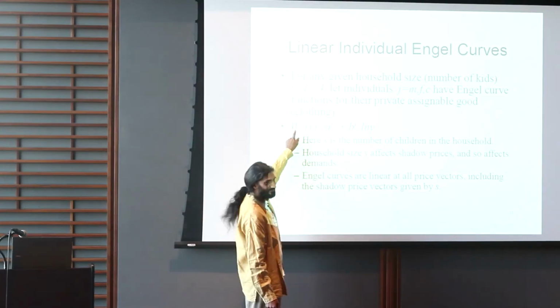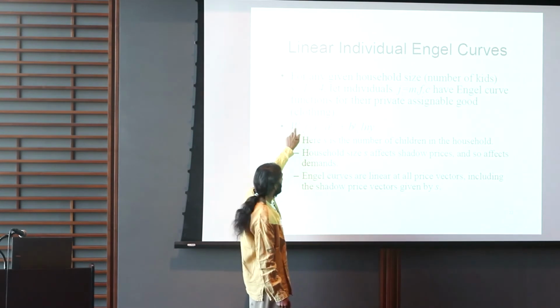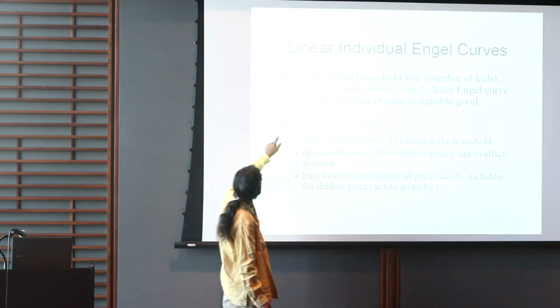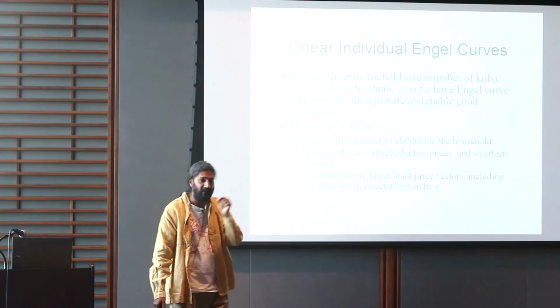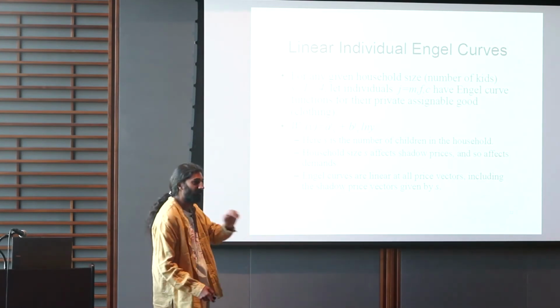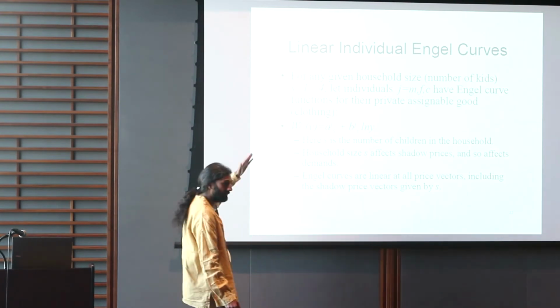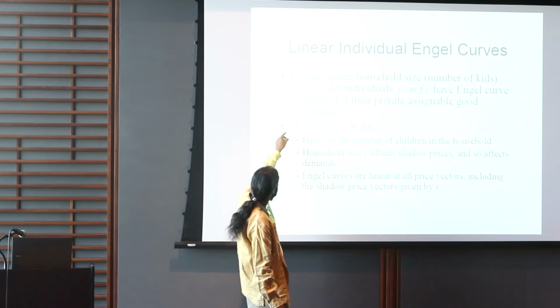So now this is a capital W. It shouldn't be. I apologize for that. Now I want to consider an environment where each individual, that is the lowercase w's, each of those lowercase w functions is linear. So each individual has linear Engel curves or almost ideal utility functions.